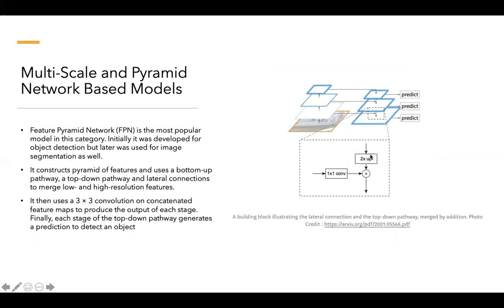As you can see in the diagram, which represents a block illustrating the lateral connection and the top-down pathway merged by addition. It uses a 3x3 convolution on concatenated feature maps to produce the output of each stage, and finally each output stage generates a prediction to detect an object.